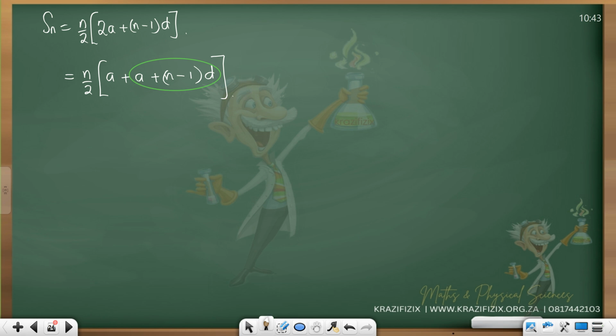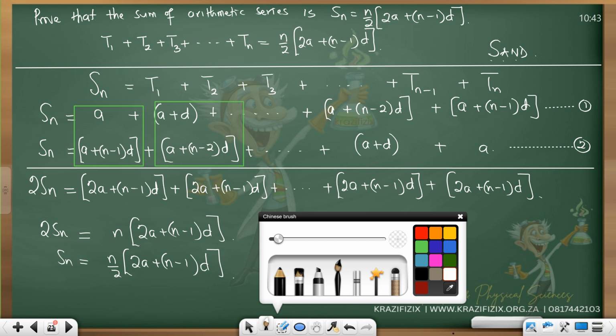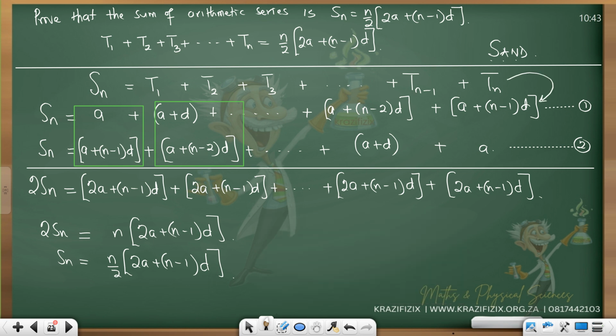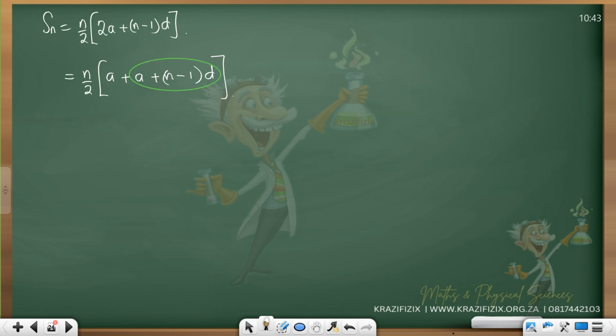Do you notice that is always the last term? Tn, which is the last term, is a plus (n minus 1)d. Therefore, Sn can be written as n over 2 (a plus l), where l is the last term.